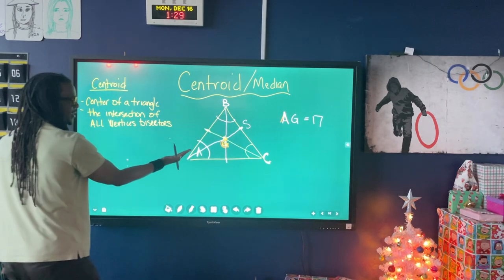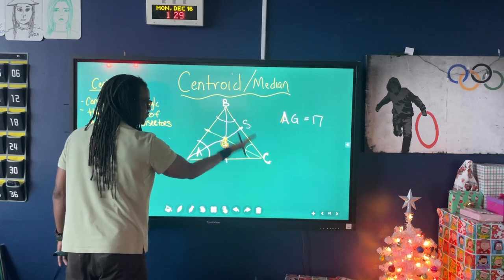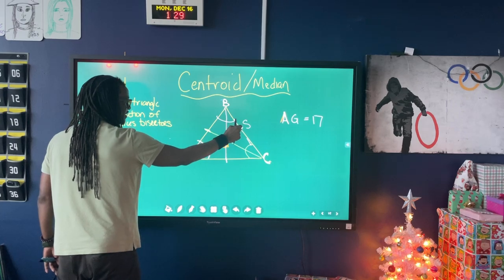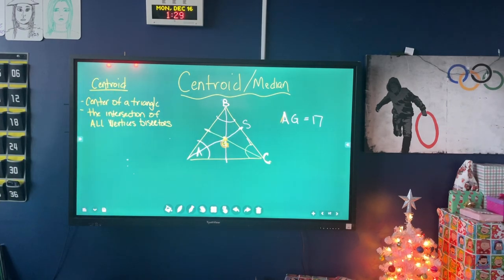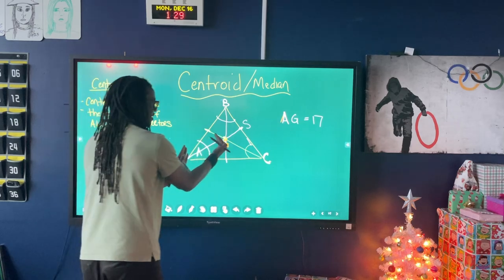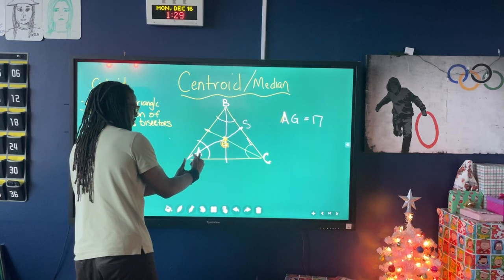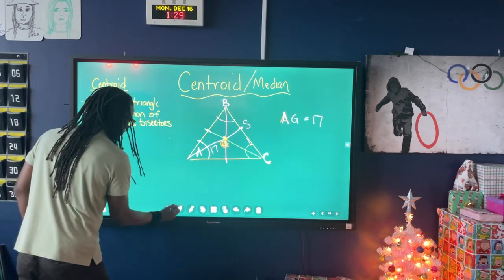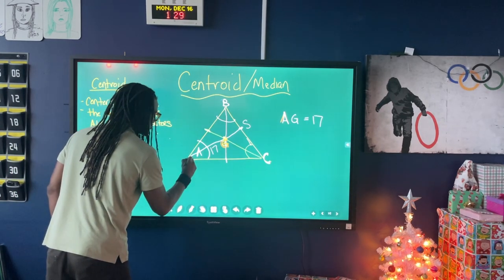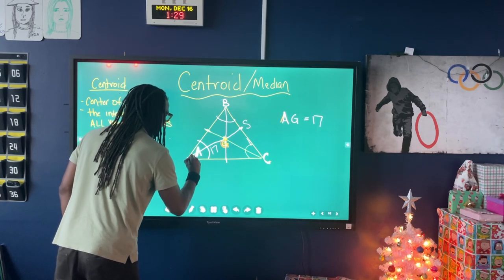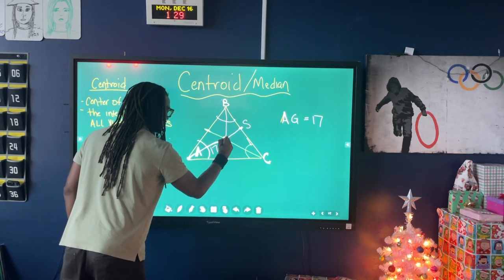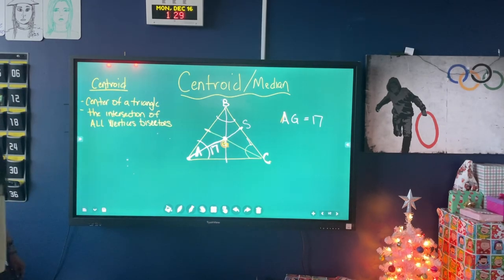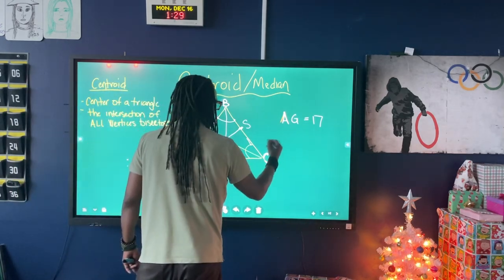We know that because A sets the median, or the midpoint, of BC. So point S is going to be that midpoint. Why do we need that? Because we're turning this into segments. From A to G, we've just stated that is 17. This is just an example we're dealing with. This line from A to center G is 17. They want us to find line segment GS.